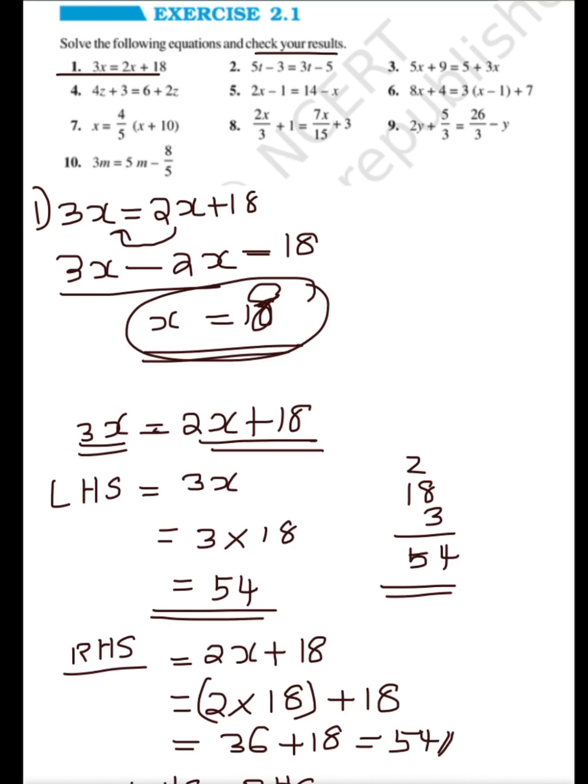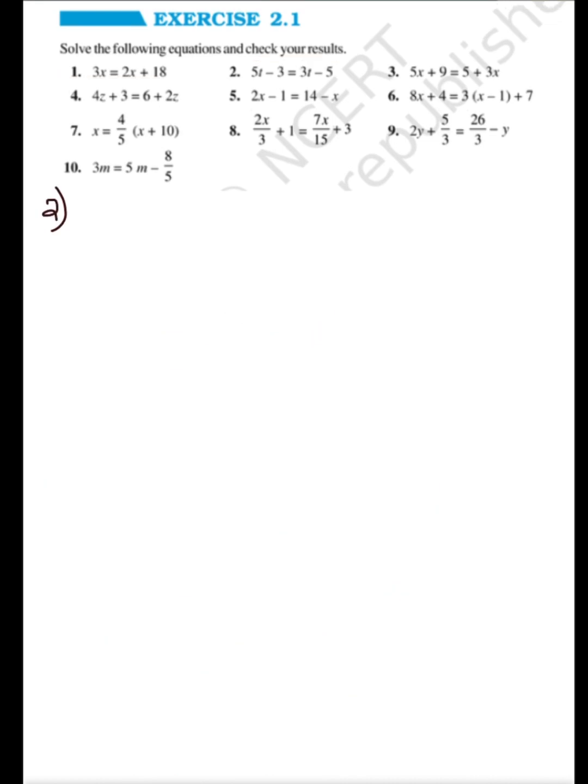Now let's see the second question. 5t minus 3 equals 3t minus 5. So here also you have to take the variables to one side. Variables are on both sides and you have to take it to one side. So let's put 5t here itself, and you can take this 3t to left hand side.